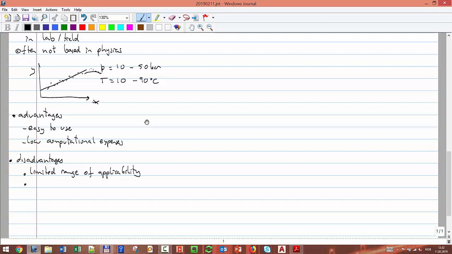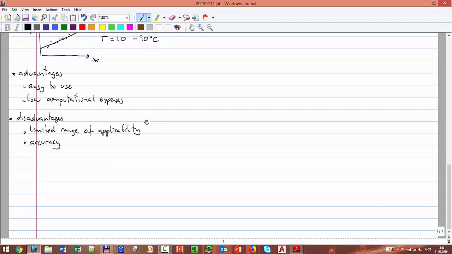Sometimes you also have to be careful with the accuracy. Sometimes people say, well, we want to make this x and y, and we have a bunch of points, and then I just put a trend line. You're going to have some deviation because that was the value measured.